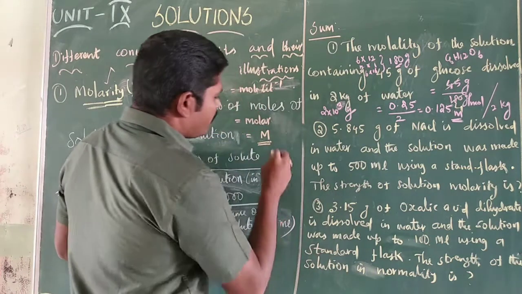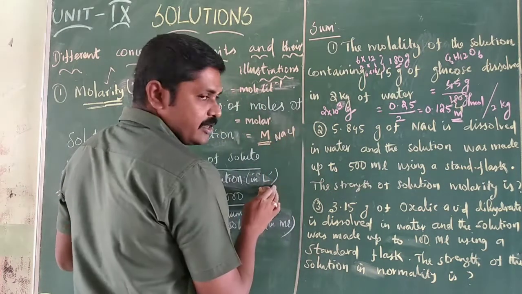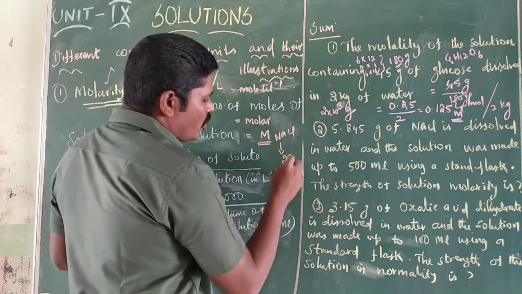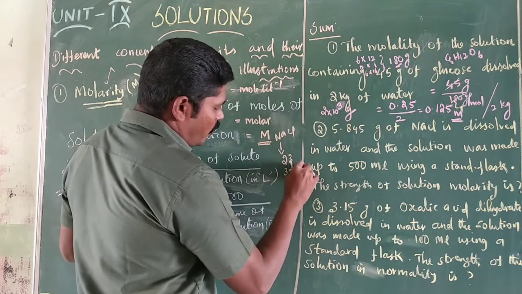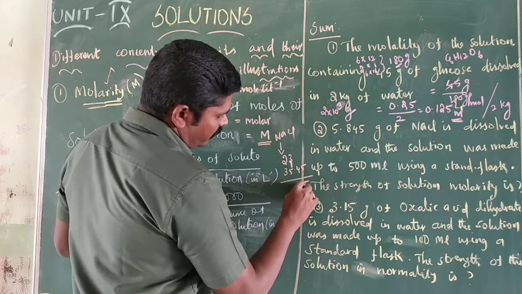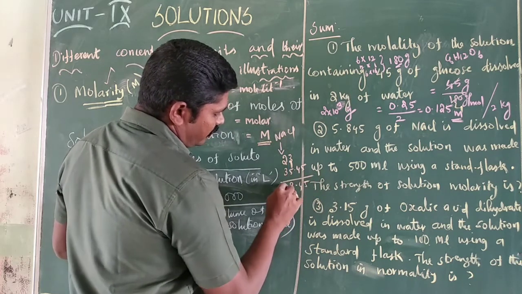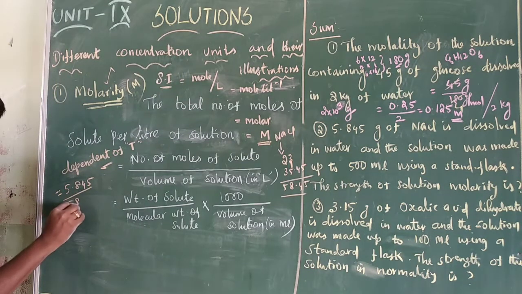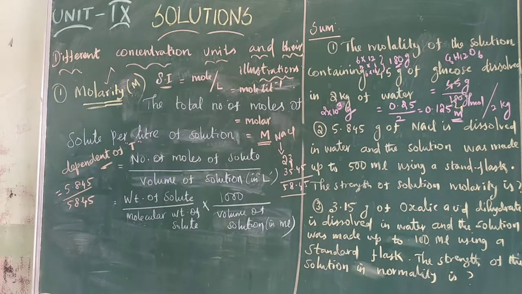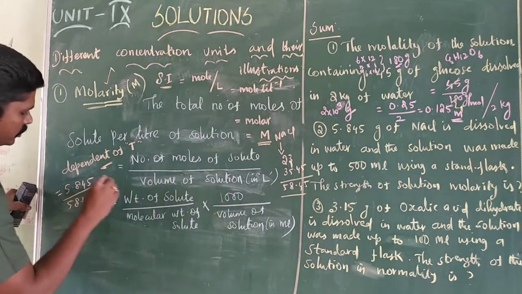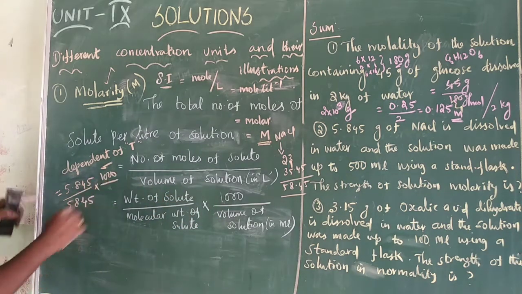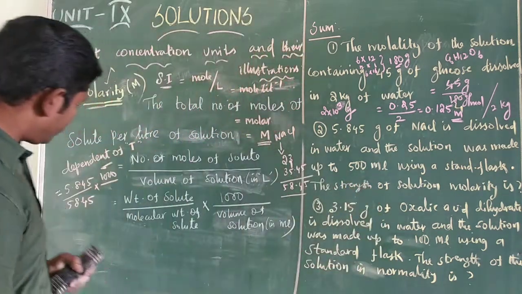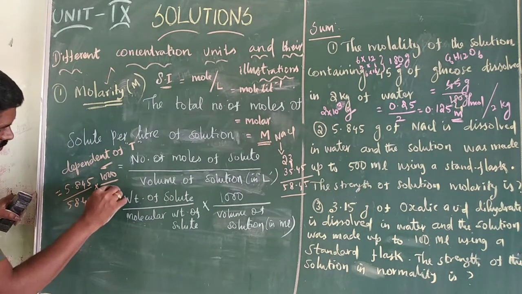The molecular weight of sodium chloride, NaCl: Na is 23 and chlorine is 35.45, so 58.45. Divided by 58.45 into 1000 divided by volume of solution in milliliter, 500 milliliter.